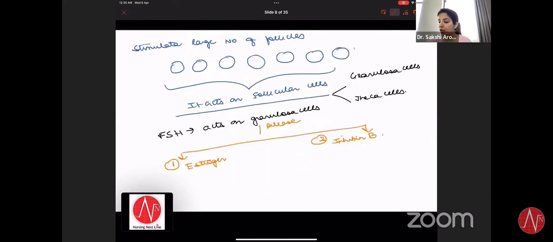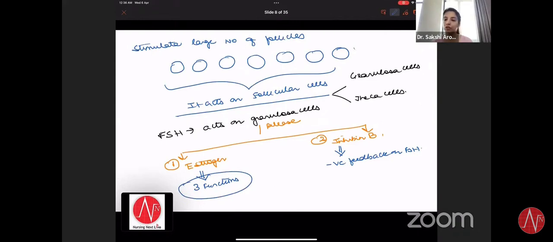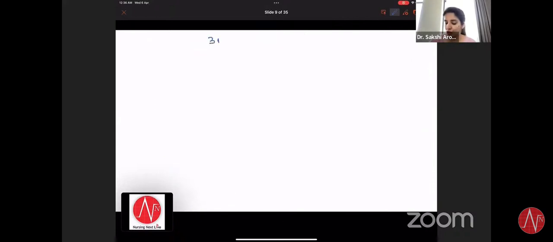Now, ये जो inhibin निकला, कहीं पर भी जब inhibin निकलता है, whether वो male में निकले, whether वो female में निकले, whenever inhibin is released, इसका एक ही function होता है कि it has a negative feedback on FSH, right? And ये जो estrogen निकलेगा, estrogen will have three functions. What are the three functions of estrogen?